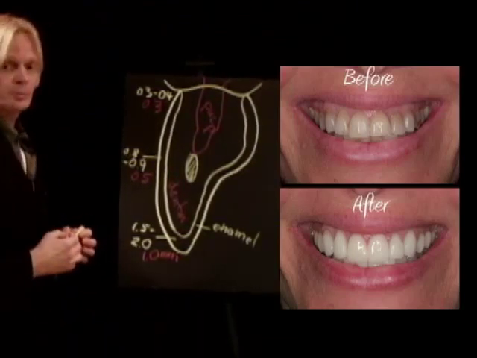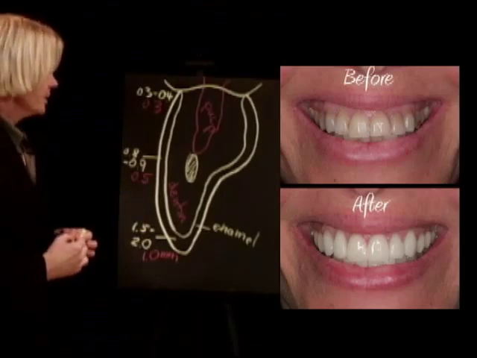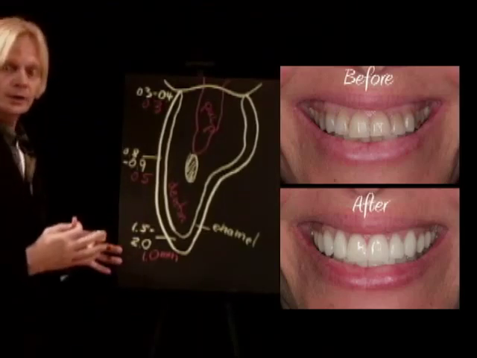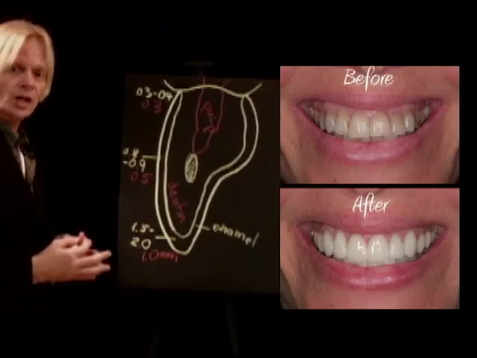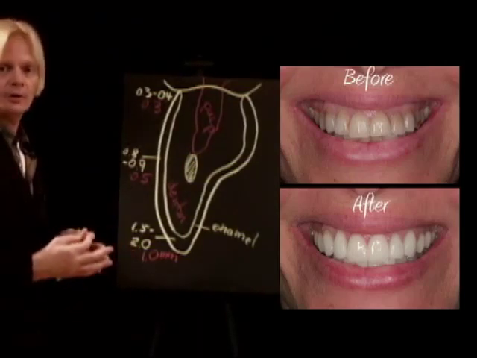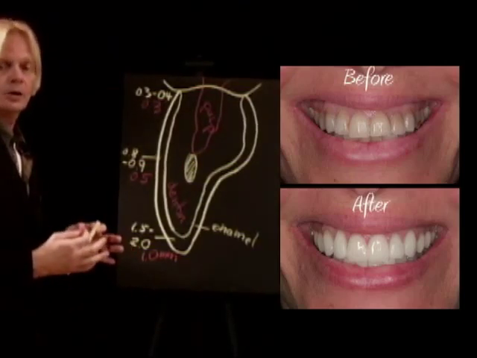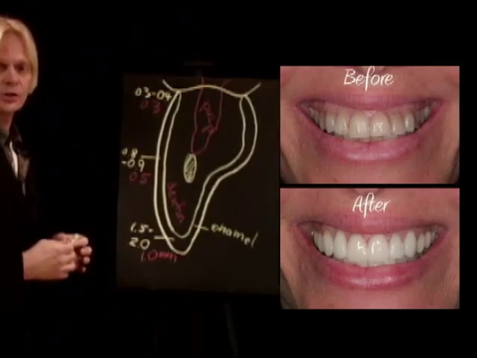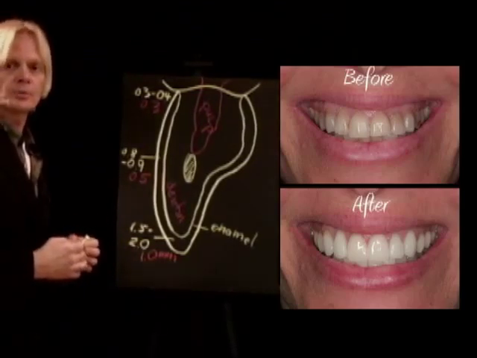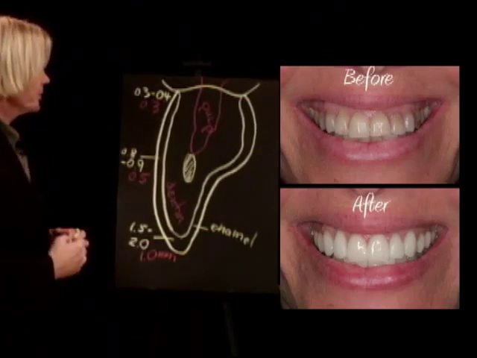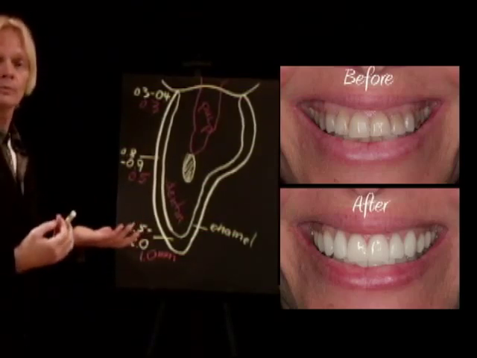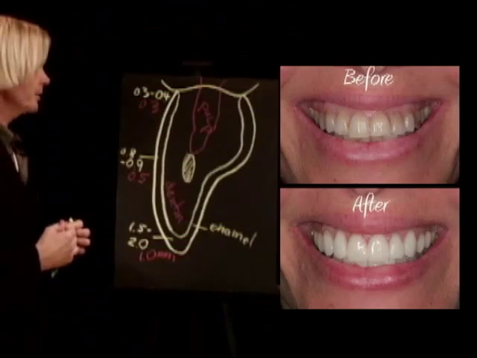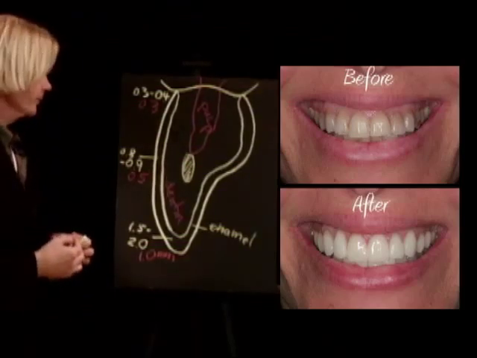Another reason why some teeth have to be reduced more than others is they're crowded, they're misaligned, they're misshaped, they already have restorations, fillings, or other materials or caries associated with them, all of which need to be removed. And for that reason, a veneer already will have, by definition, a higher thickness in those areas.